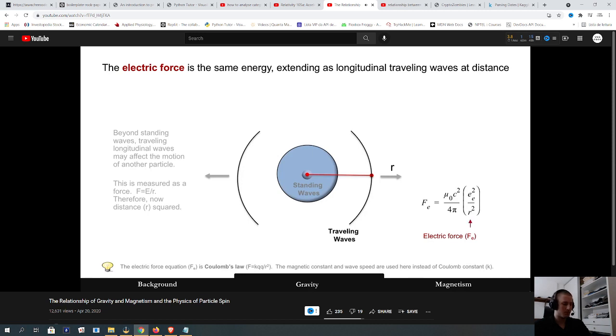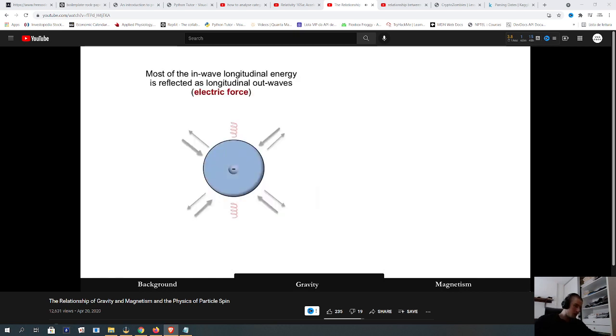The magnetic constant is used here because of the previous page, to separate energy and mass. But to the left of those parentheses, the magnetic constant times c squared divided by 4 pi is the Coulomb constant. And then what you see there is the elementary charge, just for two particles. But of course, Q is the number of particles times the elementary charge. So that is Coulomb's law, just shown in a different way.